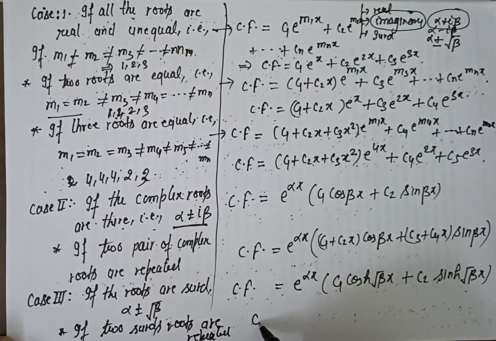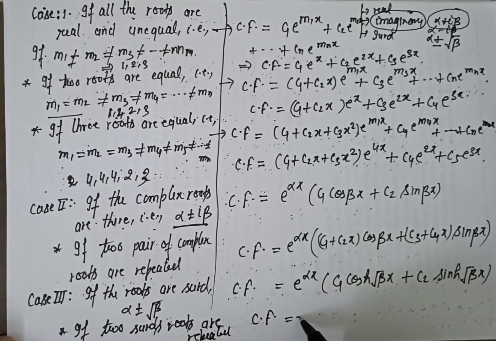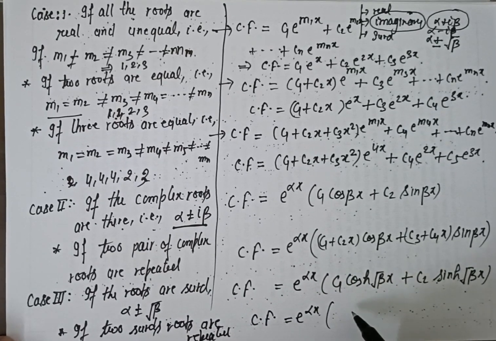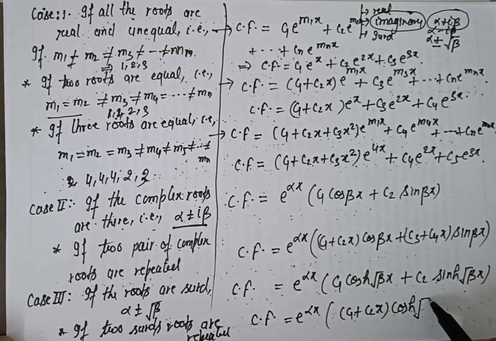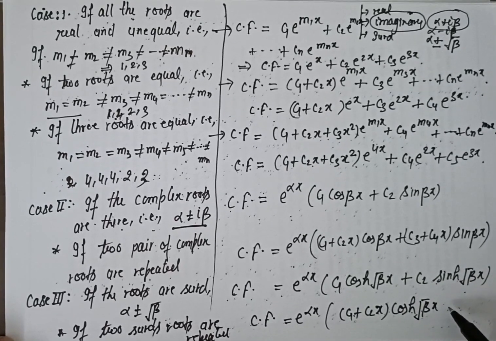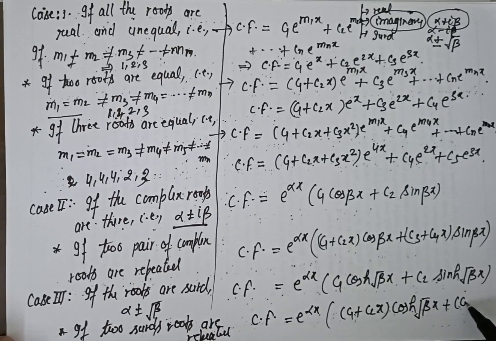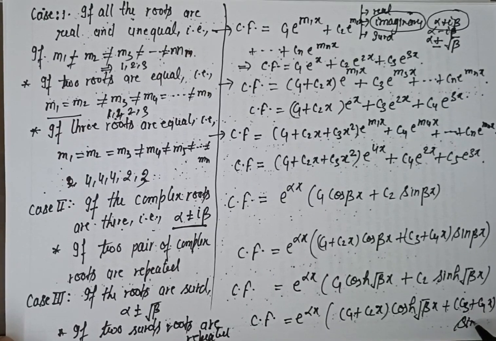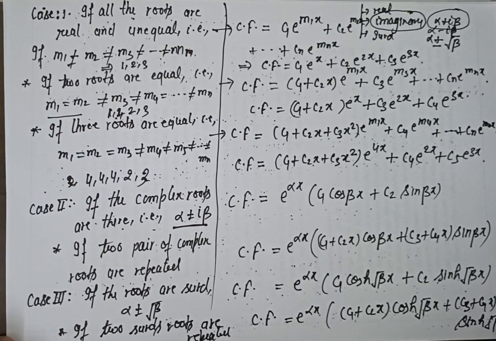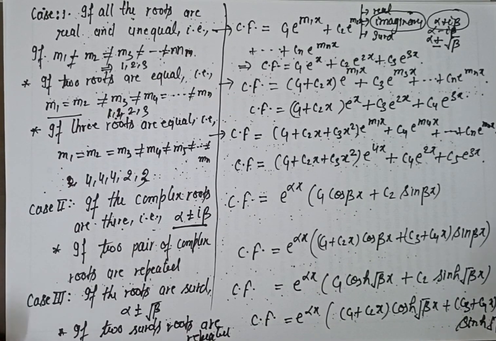Then the complementary function will be decided by e to the power alpha x, c1 plus c2x cos hyperbolic square root beta x, and then plus c3 plus c4x sin hyperbolic square root beta x. So we can decide the complementary function with this theory. Now we will solve the question based on this theory.